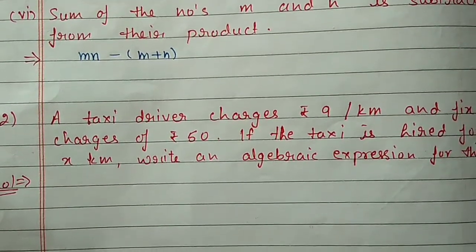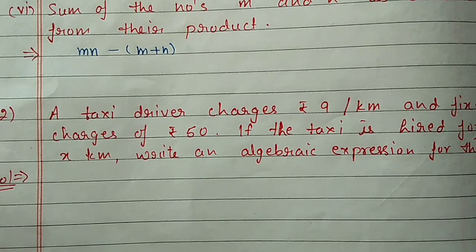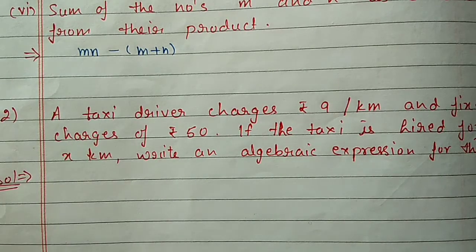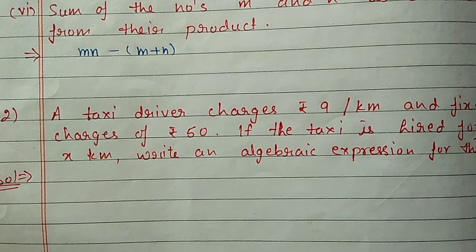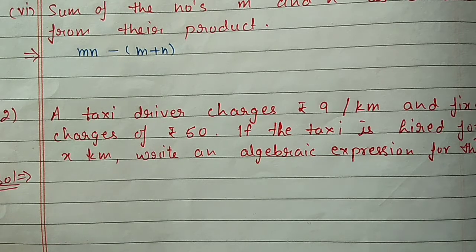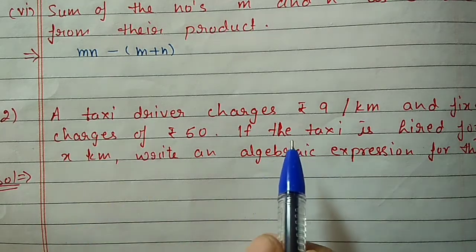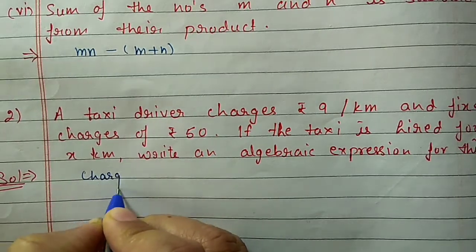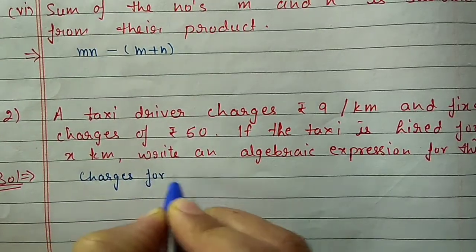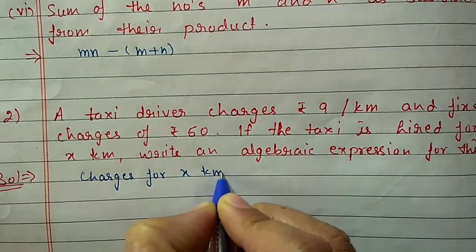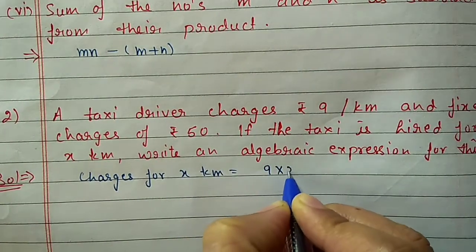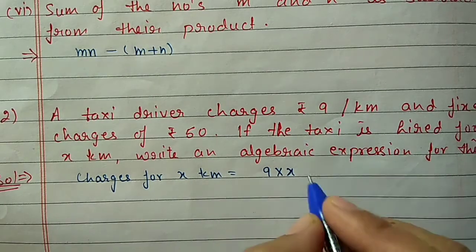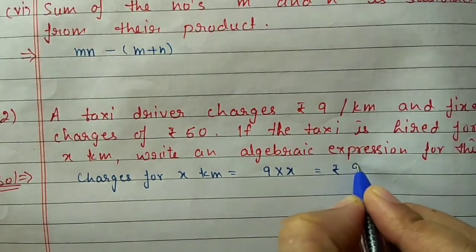Next, question number 2. A taxi driver charges rupees 9 per kilometer and a fixed charge of 50 rupees. If the taxi is hired for x kilometers, write an expression for this. First of all we will find the charges for x kilometers. Charges for x kilometers will be 9 into x, because for each kilometer 9 rupees is charged, so it becomes 9x.